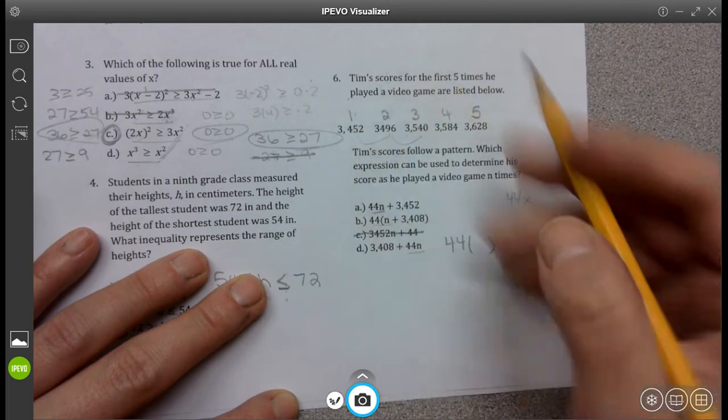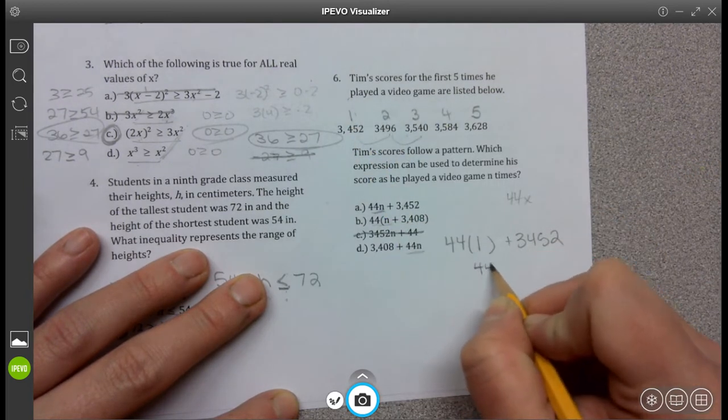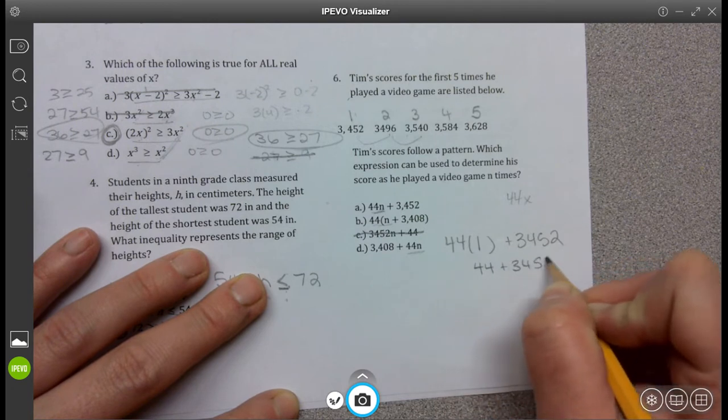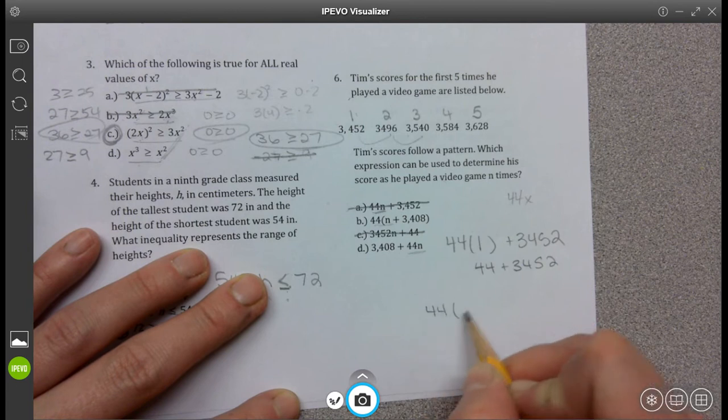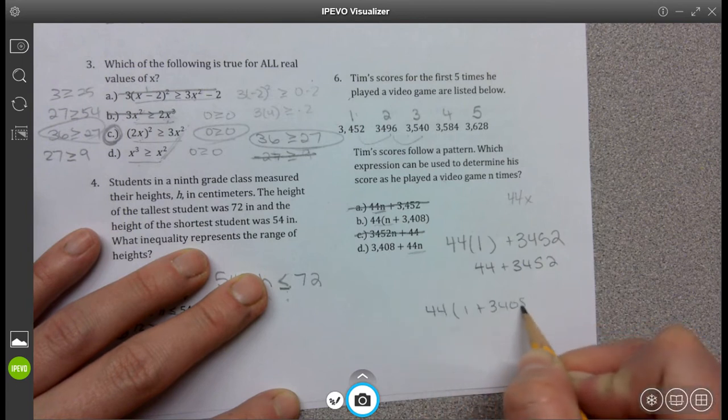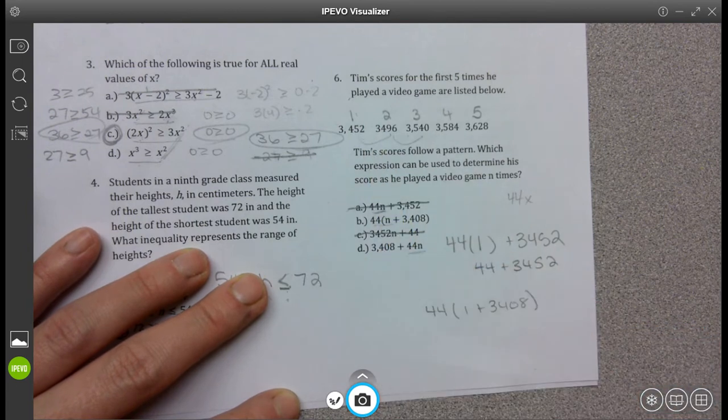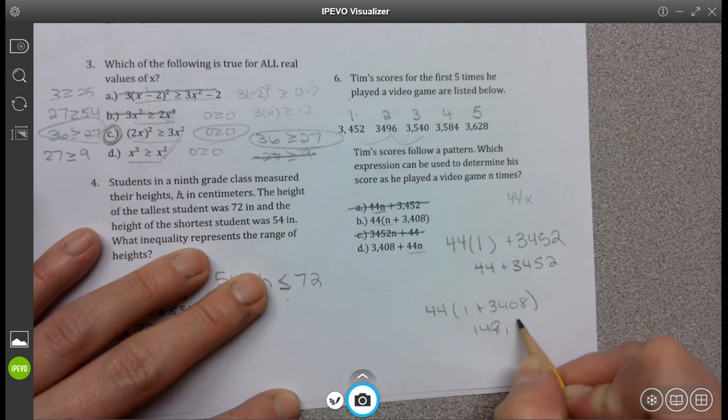If I plug in 1, do I get 3452? Well, obviously not, because you're adding 44 to it. So it's not A. If I plug in 1, do I get a result of 3452? Well, we have 3408 plus 1 times 44. No, that means your score was 149,000.